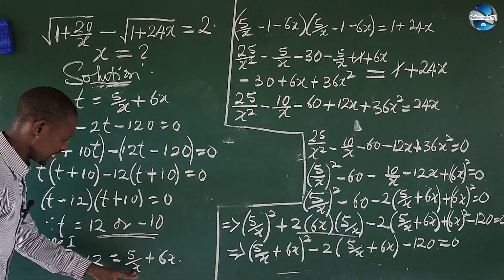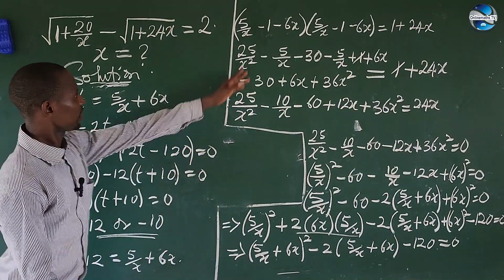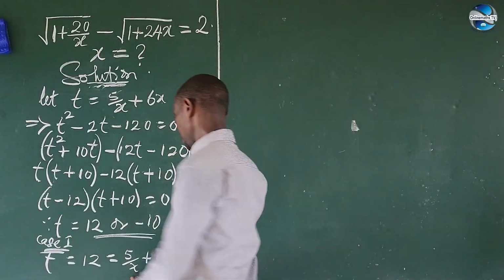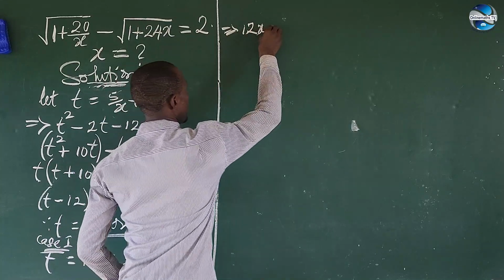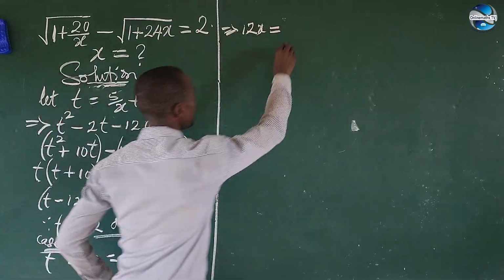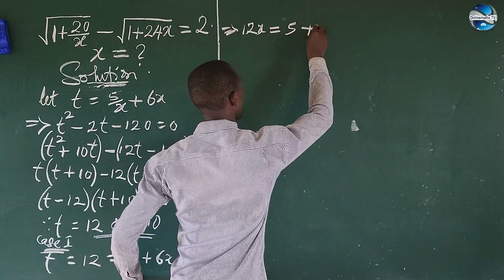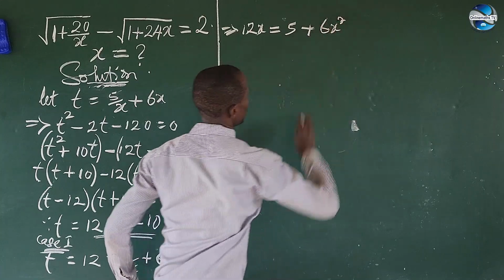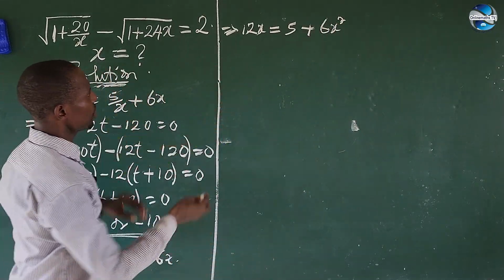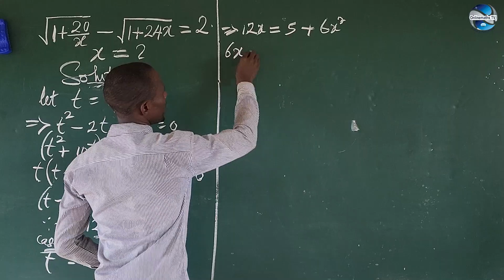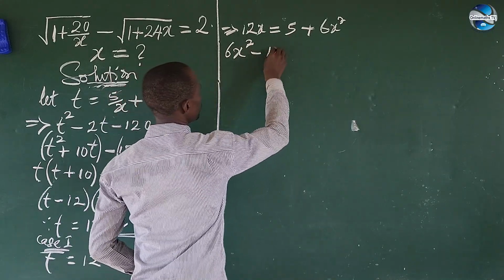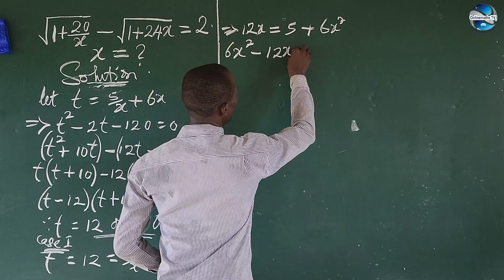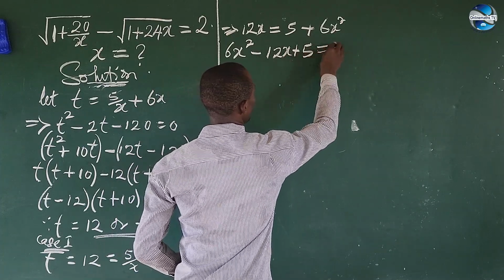So we remove this denominator here. So let's continue on this side again. All right, so clearing this will now give us 12x equal to 5 plus 6x squared. So if we rearrange, this will give us 6x squared minus 12x plus 5 equal to 0.